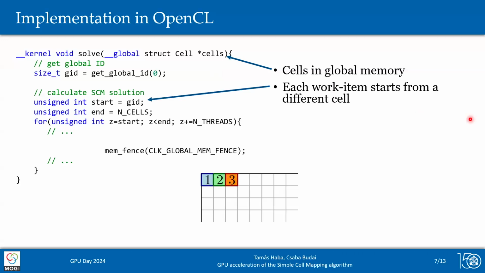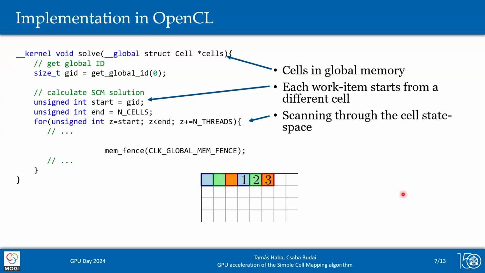And each work item will start from a different starting point in the cell state space, and they will scan through the whole state space to find starting points to build cell sequences. And there are some synchronization calls in order for work items to wait for each other to finish the memory operations.